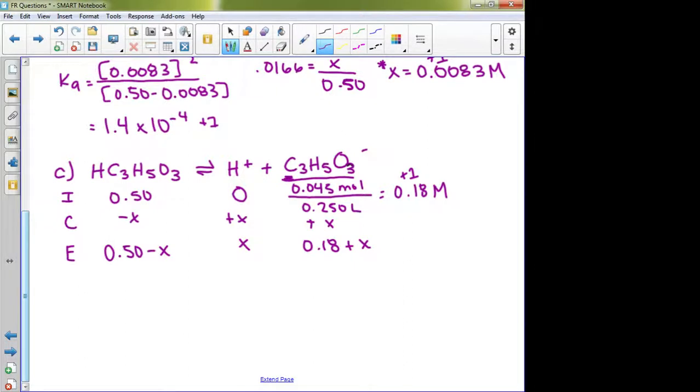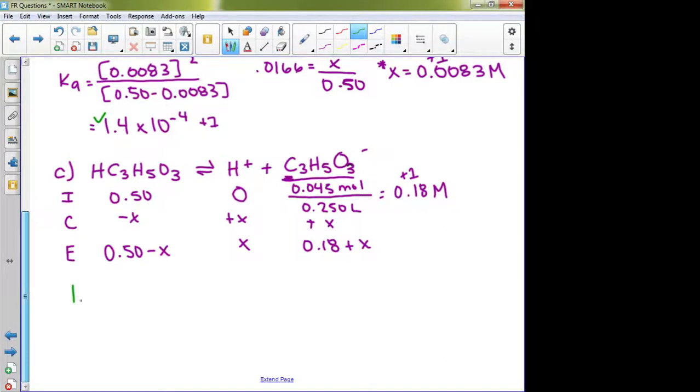Can I solve for x? How? With my Ka. Do I know my value of Ka? Yes, I just found it up here, right?